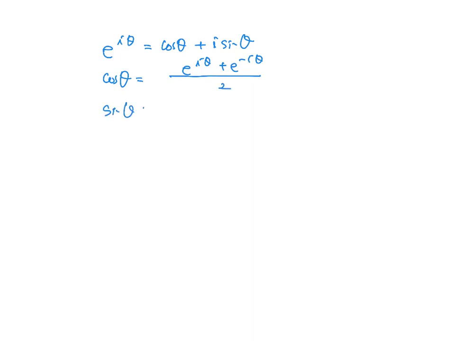So let's just summarize again. Euler's formula is exponential I theta equals cosine theta plus I sine theta. Cosine theta is exponential I theta plus exponential minus I theta over 2. Sine theta is exponential I theta minus exponential minus I theta over 2I.